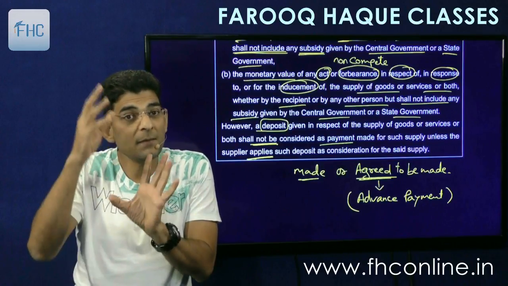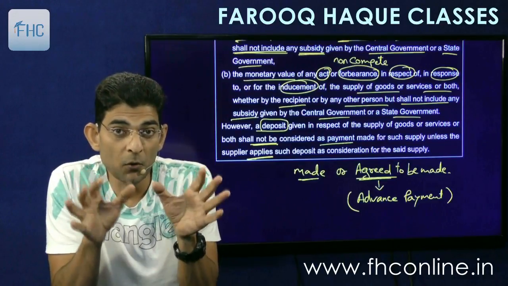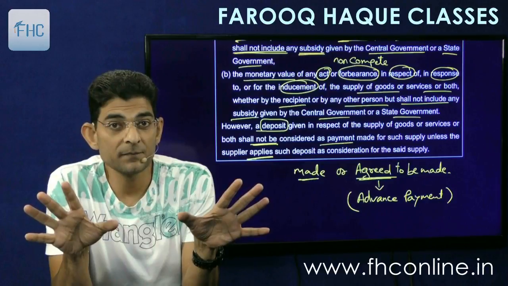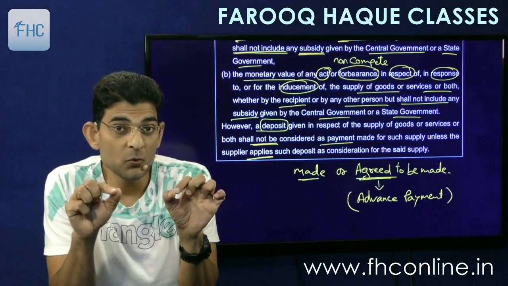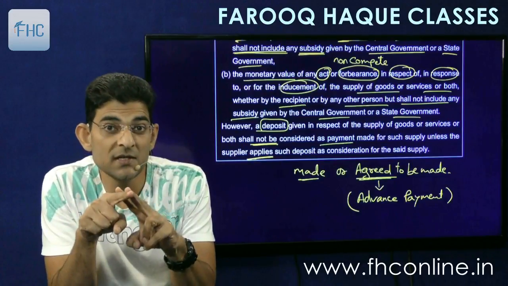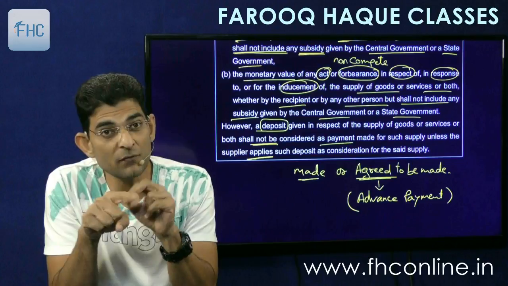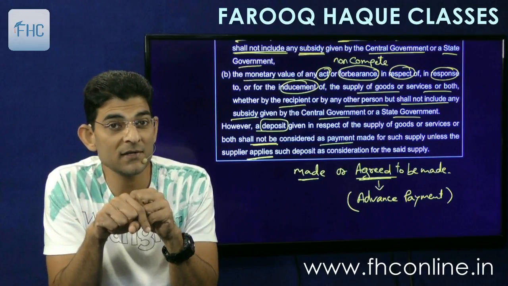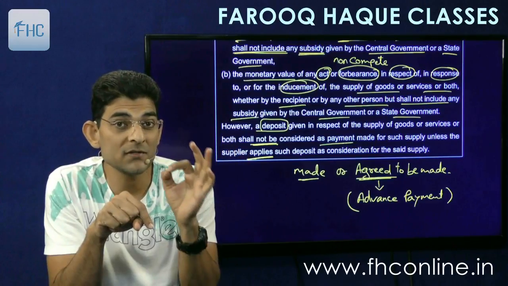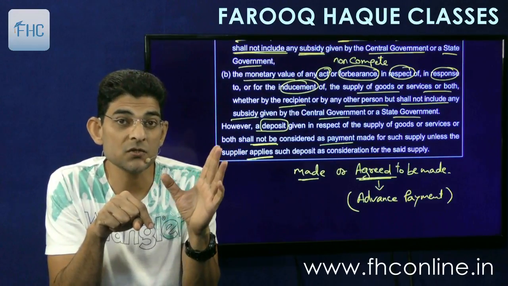Right? It's just an agreement and there is no genuine supply. So it's a deposit. Deposit by itself is not consideration. It will not be chargeable to GST. The GST will be imposed only when I apply the deposit towards the actual supply. So when I say that look, I am adjusting your 5,000 against the car, against the value of the car, that is the point of time when we can call it as consideration. And then the GST can be charged.